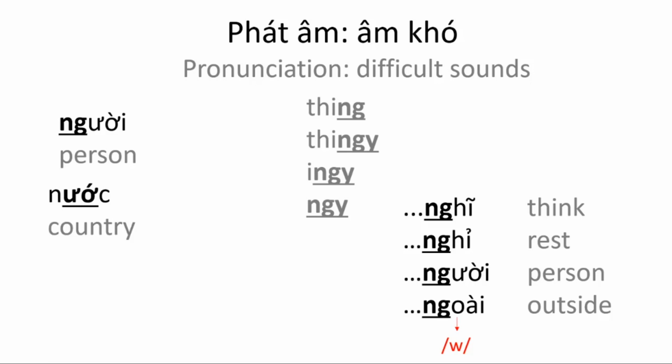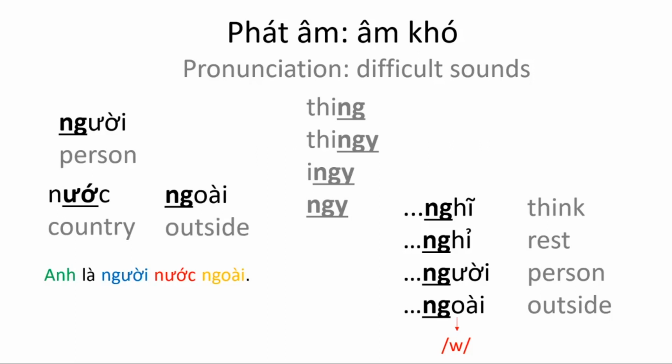Nước gives you country, ngoài, outside. So, anh là người nước ngoài. Word for word is I, verb to be, person, country, outside, or I am a foreigner. Anh là người nước ngoài.